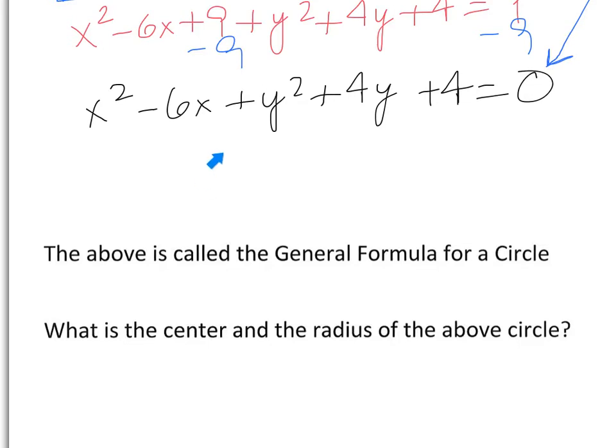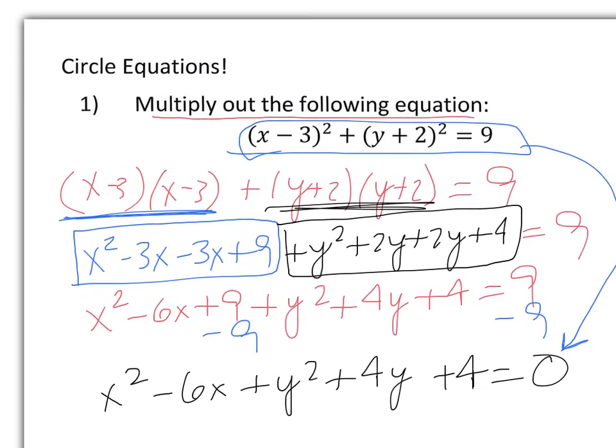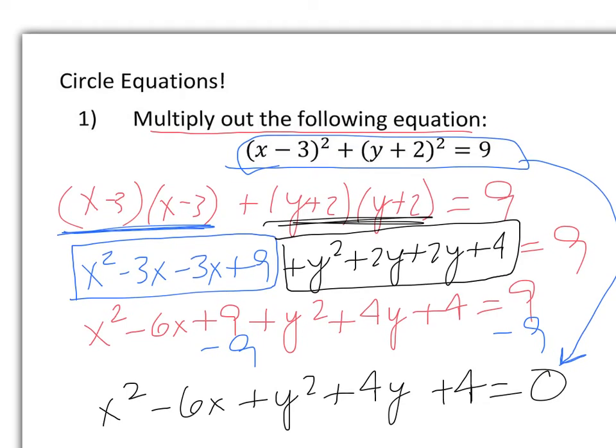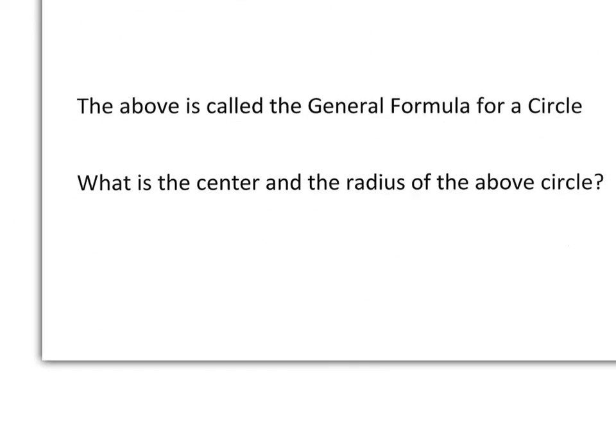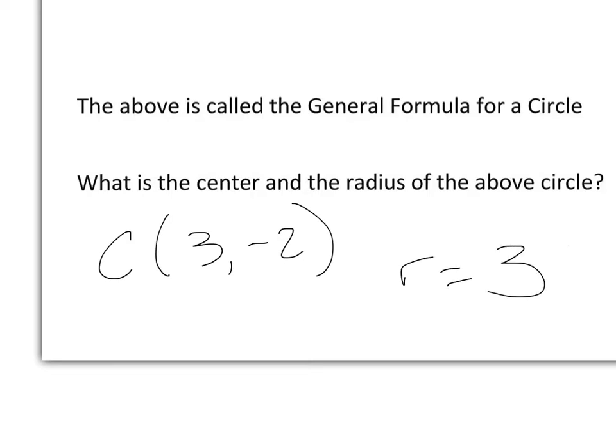So for example, here, we don't really know what the center is, and we don't really know what the radius is. But if I was to go back and look at this particular equation, we clearly know that the center is positive 3, negative 2, and it has a radius of 3.